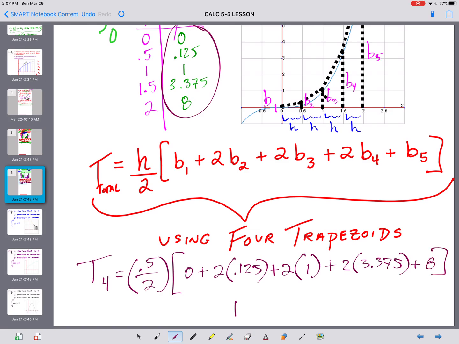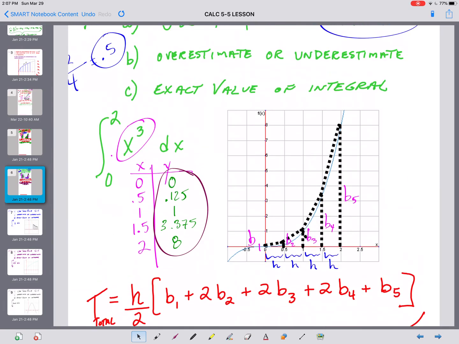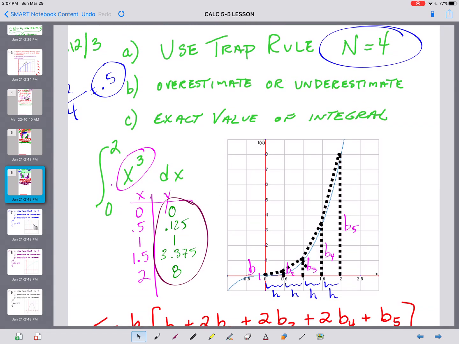There it is, our answer for T4, 4 trapezoids. Problem number 3, we got 4.25. Let's go put it up there, 4.25, right here, T4.